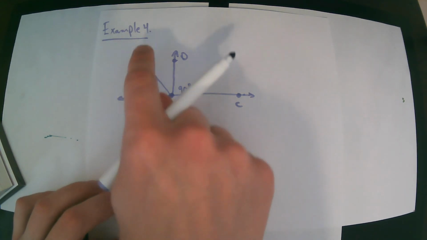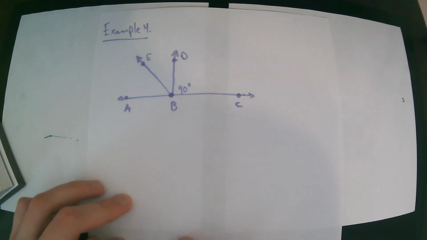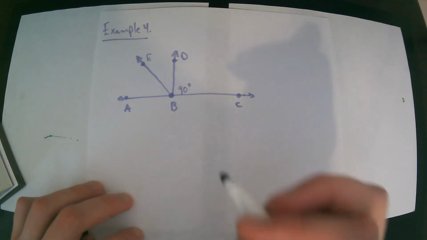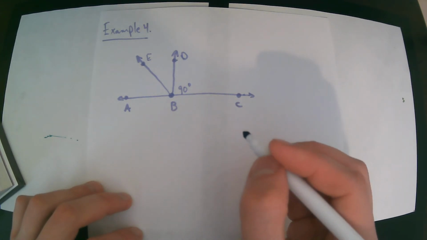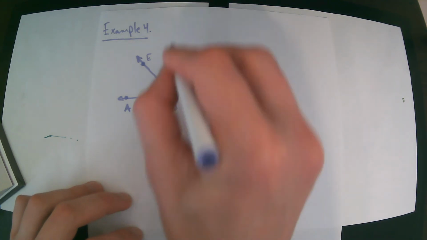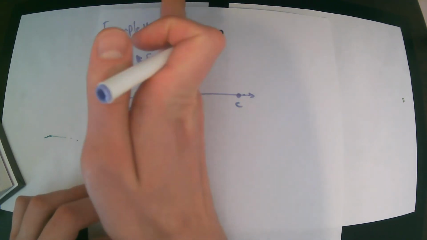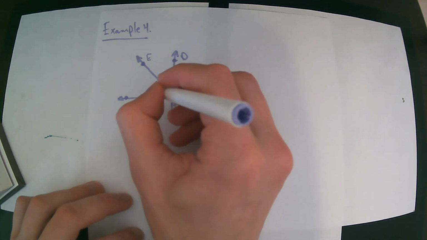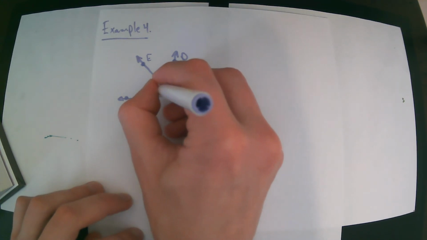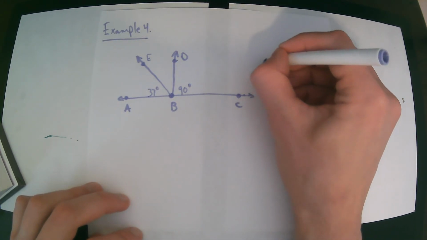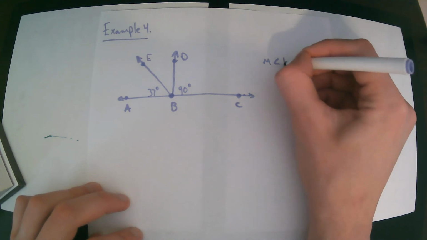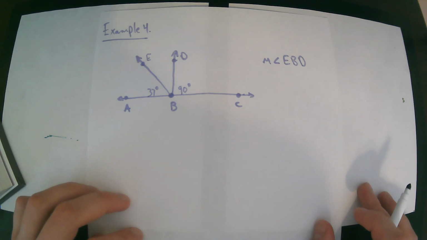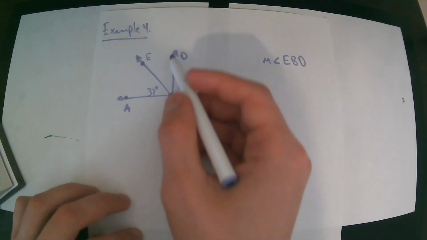And then there's angle EBC, which is a big old obtuse angle. Then there's the straight angle ABC. Lots of angles going on here, but what we do know is this is a right angle, so BD is cutting this straight angle right in half. And this small angle, ABE, is 37 degrees. And we want the measure of angle EBD, which is this small angle here.